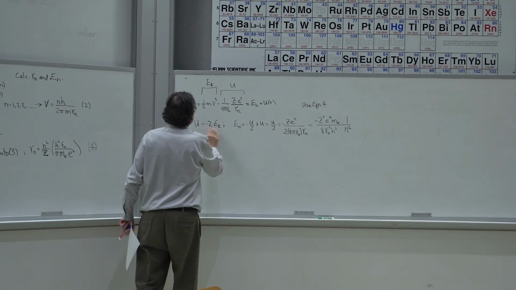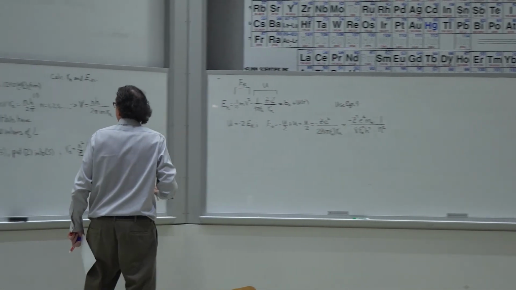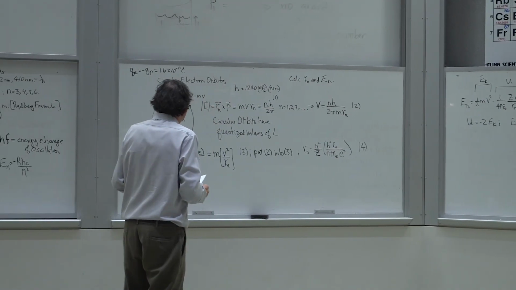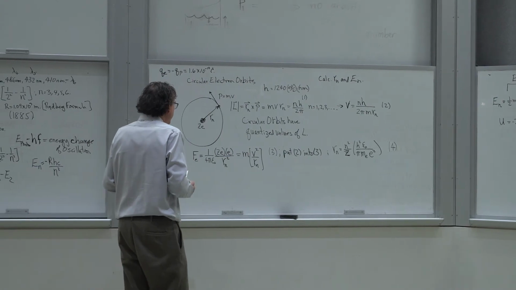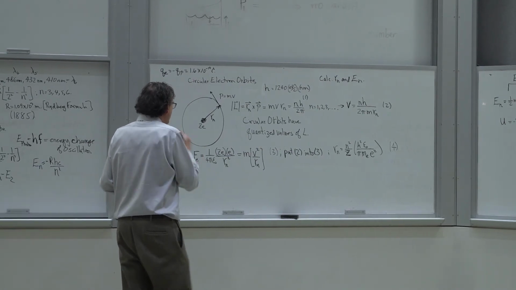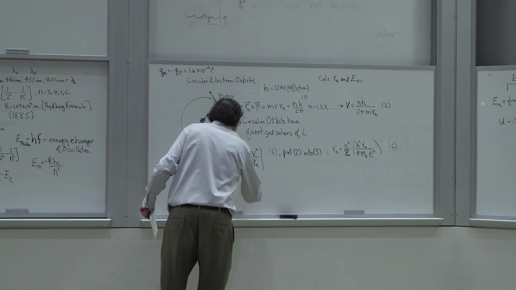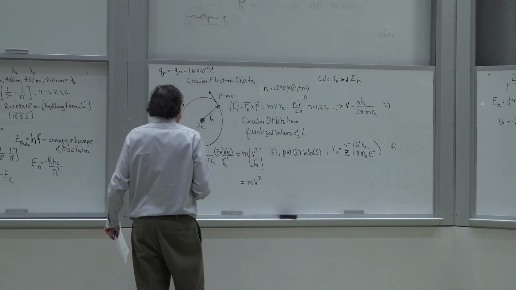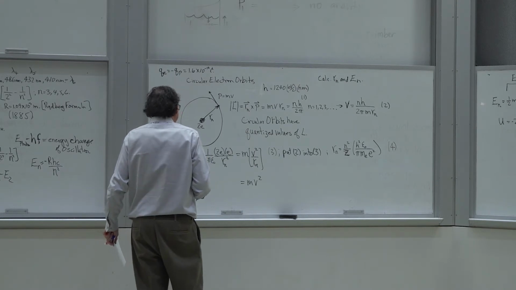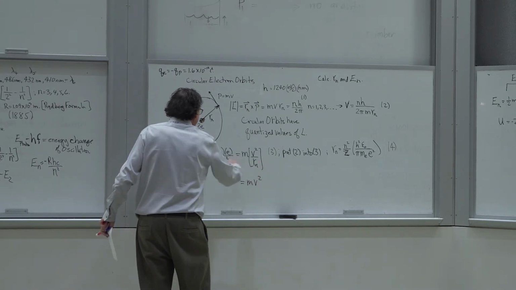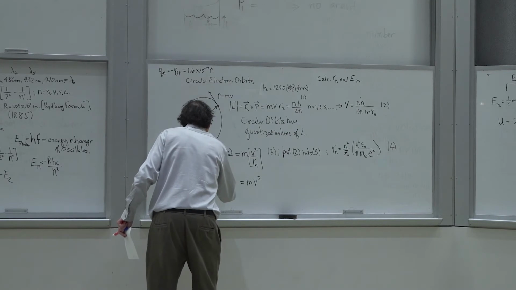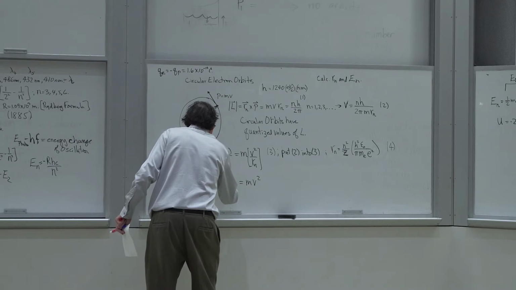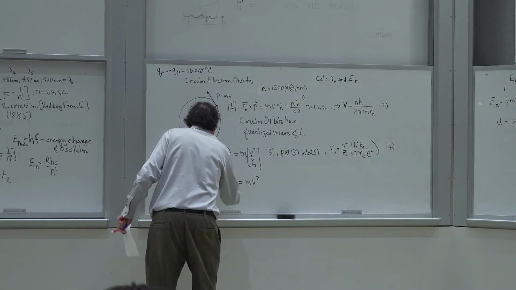Okay. So why is potential energy equal to minus twice the kinetic energy? Notice in this equation right here, I can say that mv squared is equal to, I've multiplied through this by r, is equal to 1 over 4 pi epsilon naught times Z e squared divided by r.